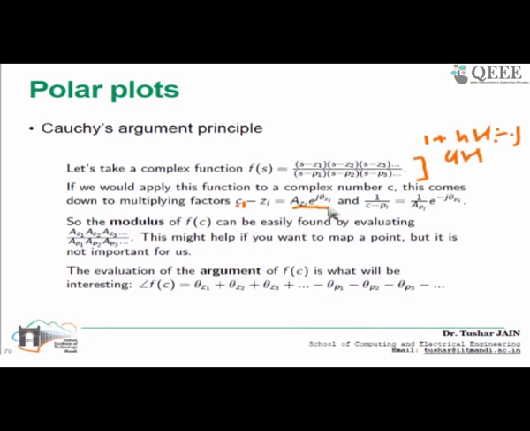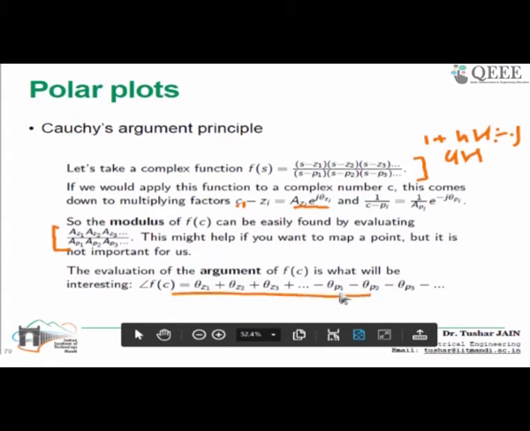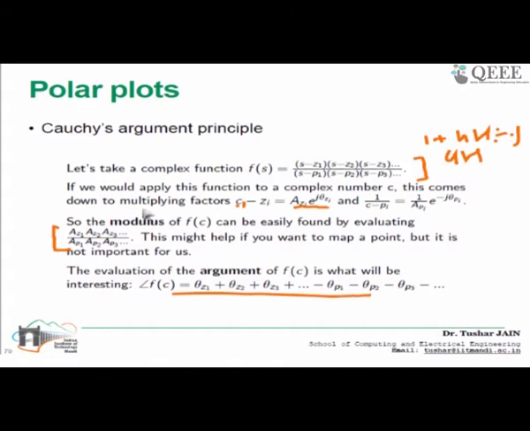This yields the magnitude and the phase angle, which is nothing but the modulus of this and the argument of this. The magnitudes of the zeros come in the numerator and the moduli of the poles come in the denominator, and the ratio gives the phasor length from the origin in the F plane.